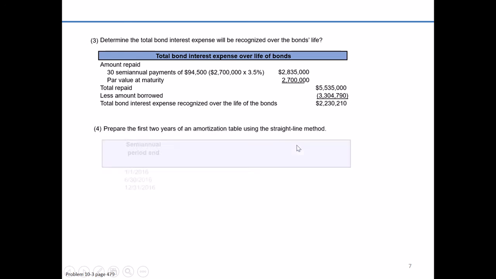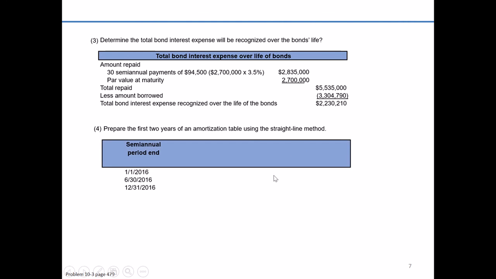So let's continue moving forward with starting to prepare our amortization table. We have an unamortized premium at day 1, January 1st, 2016 of $604,790. Therefore, our carrying value is $3,304,790. How did I come up with that?